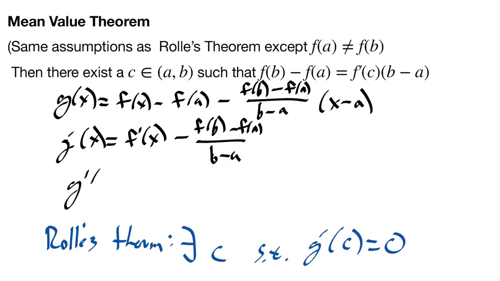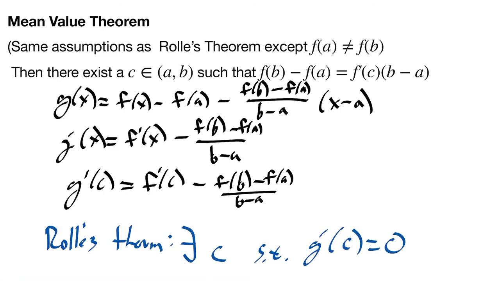So if I put c inside here, I get g prime of c is f prime of c minus f of b minus f of a over b minus a. And that is supposed to be 0.